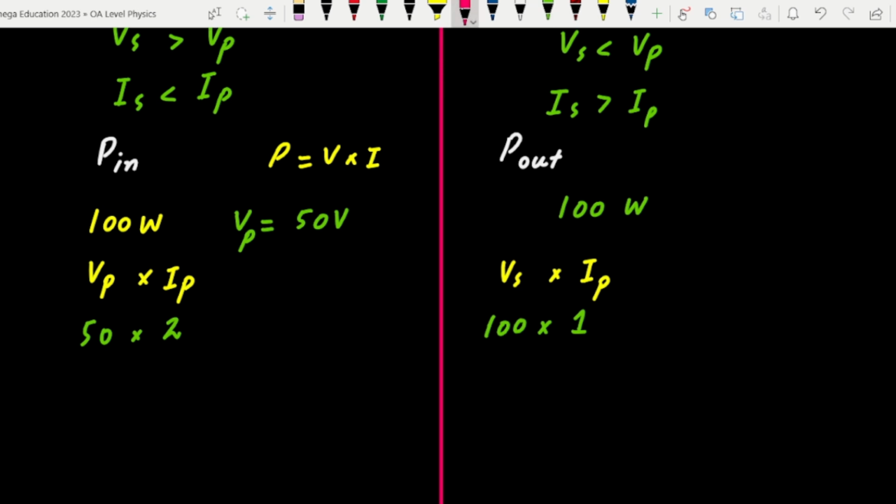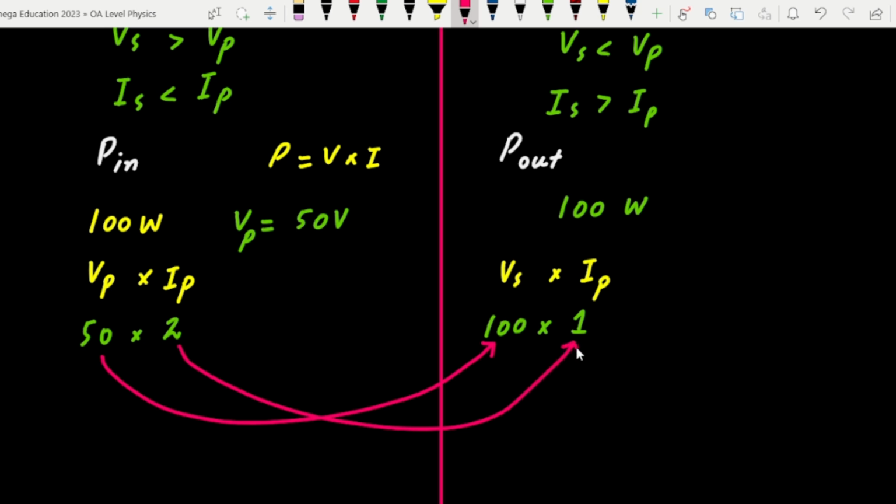Now if you compare, your voltage from 50 is being increased to 100, but at the same time your current is being decreased from 2 to 1. So your voltage is being increased 2 times, but at the same time your current is being decreased 2 times. Only then the power can be constant.